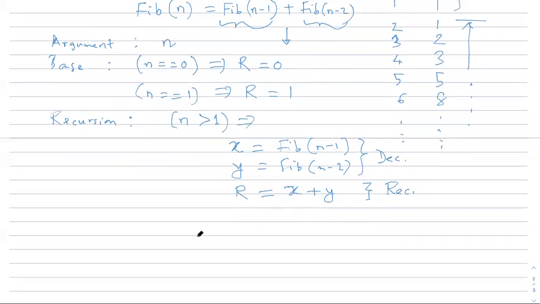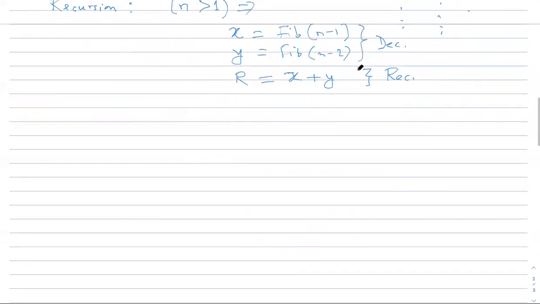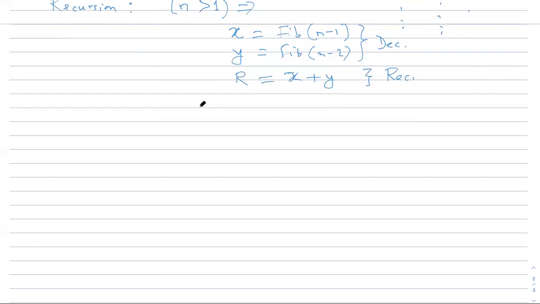All right, so now we can very quickly see this in action also. So in this case, there are two decompositions involved here. So suppose you start with 5. You want to compute Fibonacci for 5. So 5 is greater than 1.